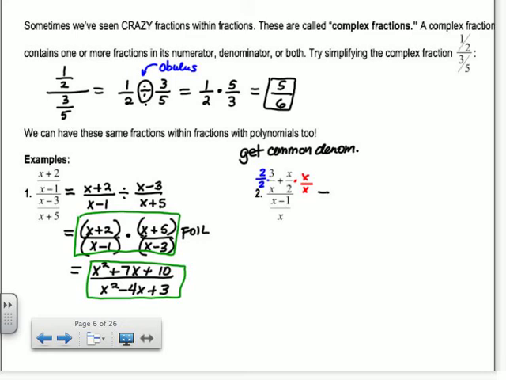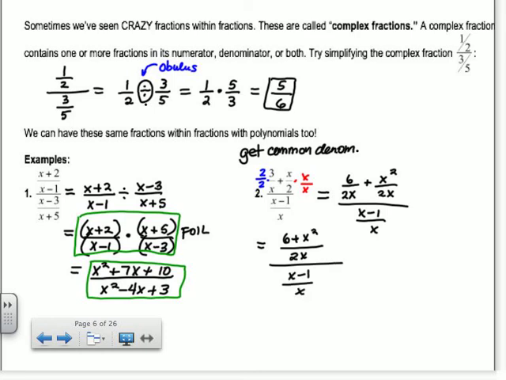So when I do that, I have 2 times 3 is 6, so I get 6 over 2x plus x squared over 2x, all over x minus 1 over x. Since we got those common denominators, that allows us to combine them into 1. So it's 6 plus x squared over 2x, all divided by x minus 1 over x.